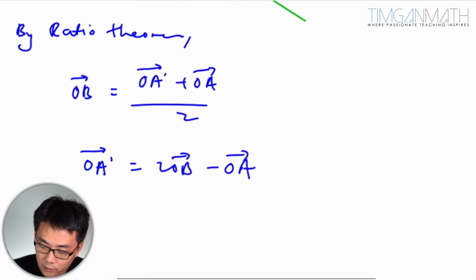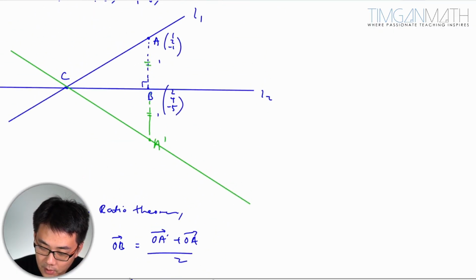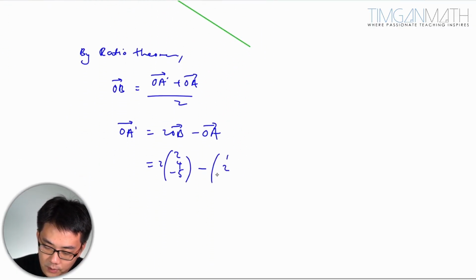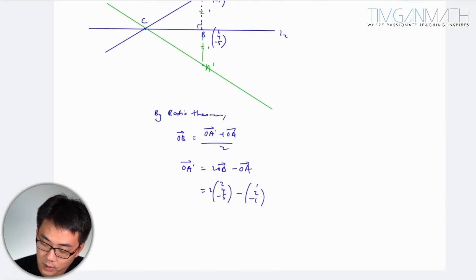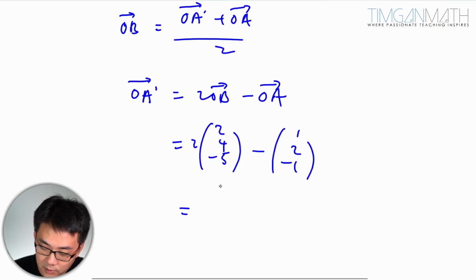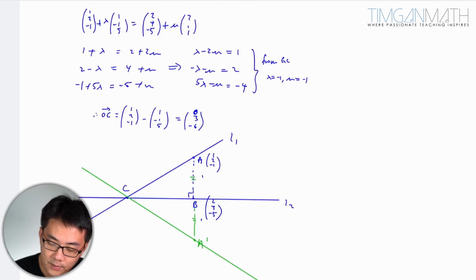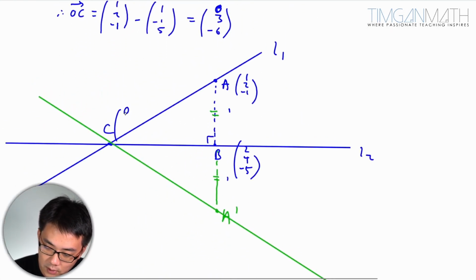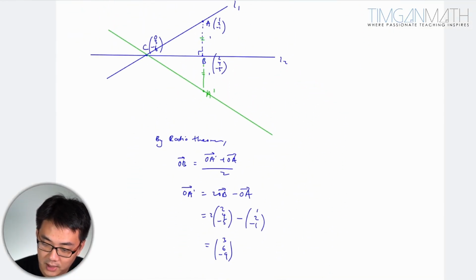OB will be 2, 4, negative 5, and then minus 1, 2, negative 1. So OA prime here will be 3, 6, minus 9. Then C is actually 0, 3, negative 6, right?